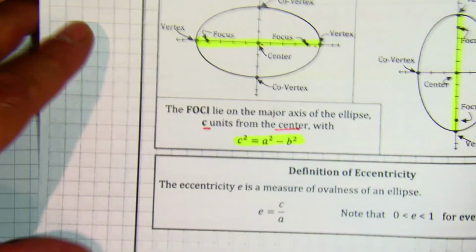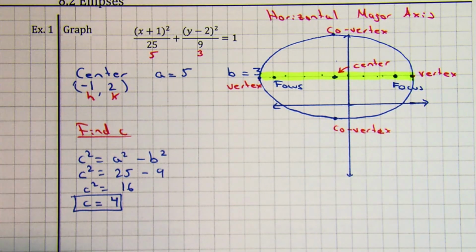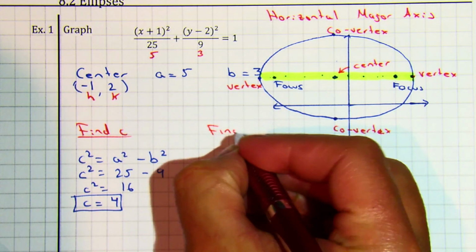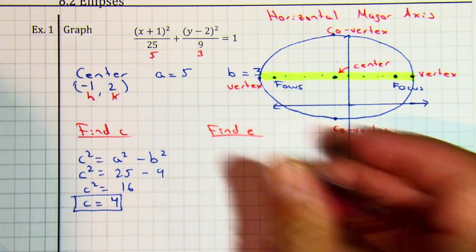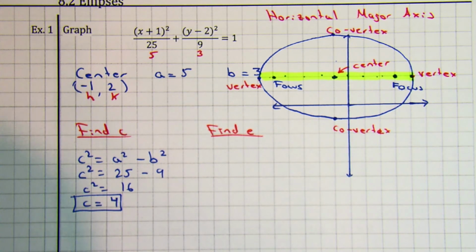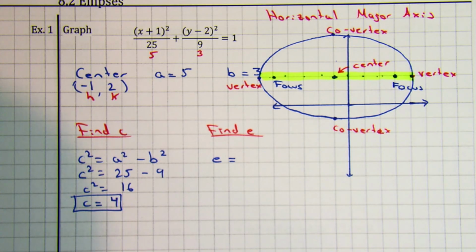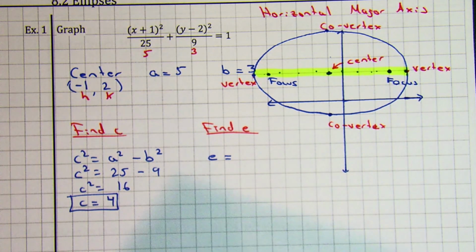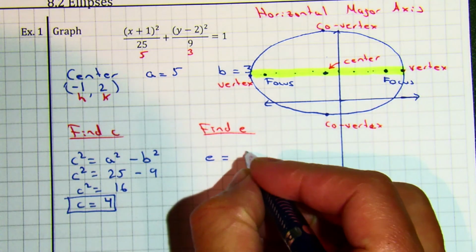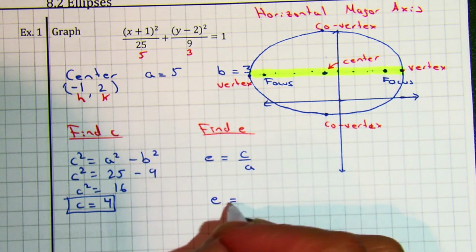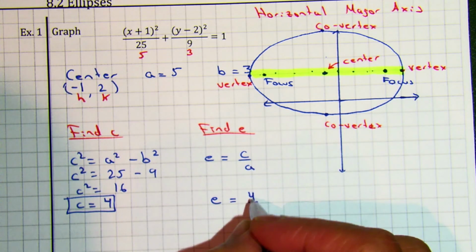So find E. Your eccentricity is equal to C over A. So eccentricity is equal to C, which is 4, over A, which is 5.